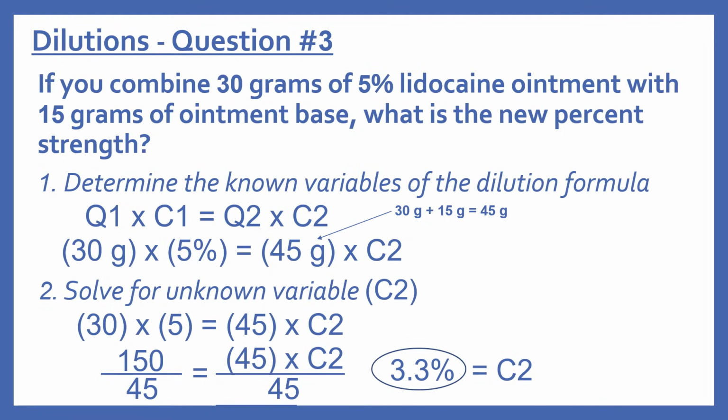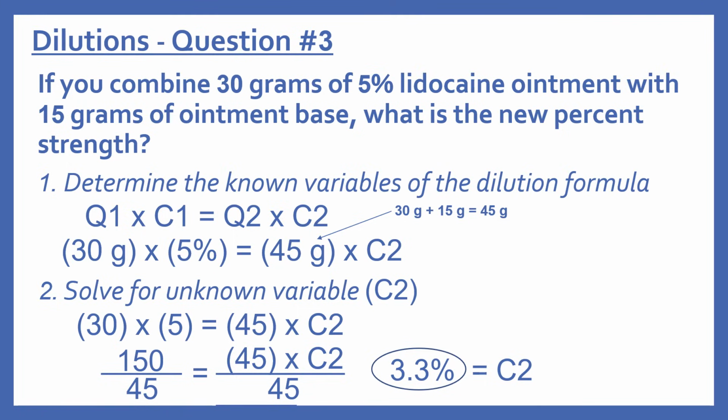So 30 times 5 equals 45 times C2. 30 times 5 is 150. Then we divide both sides by 45 to give us what C2 equals. So 150 divided by 45 equals 3.3%. That will be the new percent strength of our final product, concentration 2.